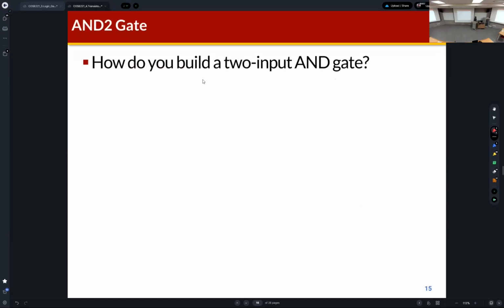So now, how can we build the AND gate? The AND gate does not include a bubble, right? We need to build the AND gate like this.